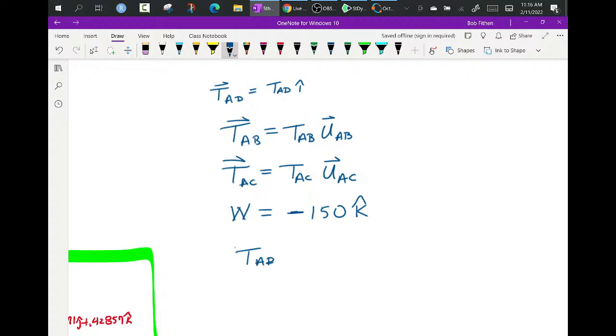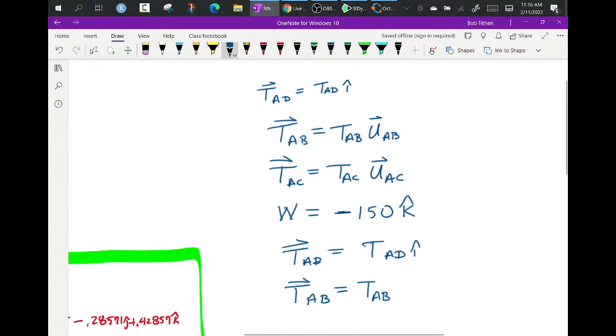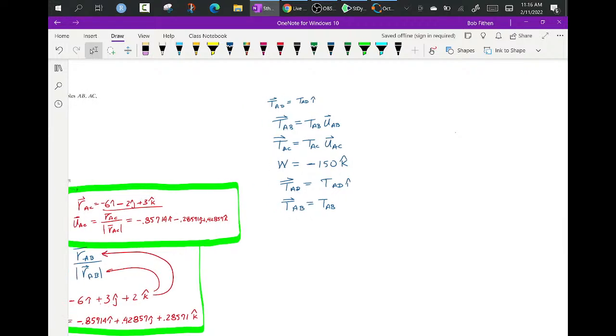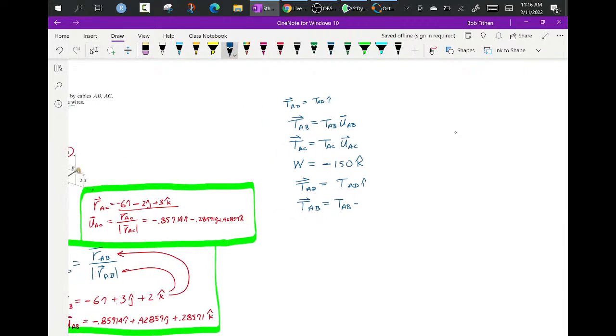I'm going to say TAD, the vector, is equal to TAD I. And then I'm going to say TAB is equal to whatever the tension in AB is times UAB, which is minus 0.85, and what I'm doing is looking down here, grabbing this and writing it down here, with the TAB in front of it.